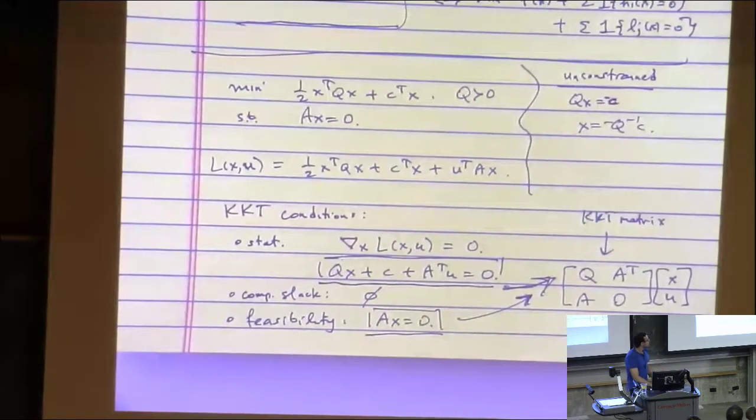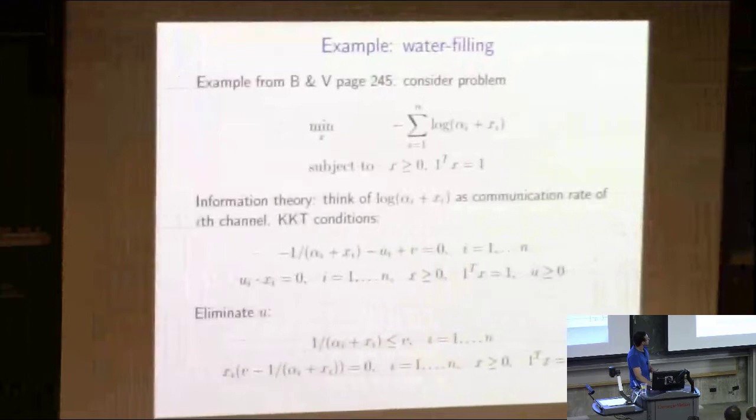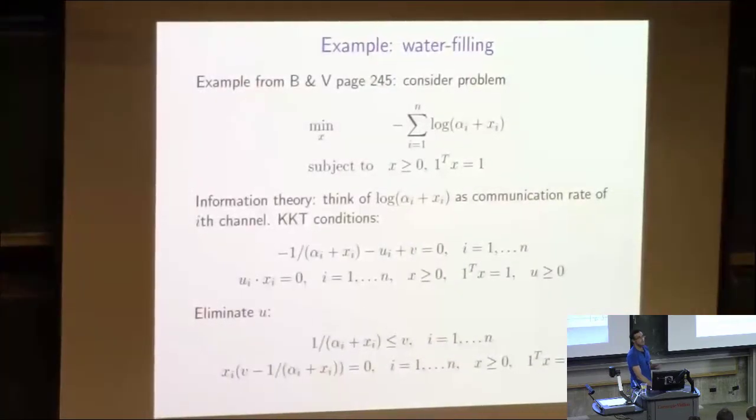Okay, this example, I'll just go through this example so that we can practice the KKT conditions, but we're just going to quit after the KKT conditions. I don't want to go through the rest of the example. It's somewhat interesting, but I think it's a more specialized problem, and it's an example where you can actually solve for the solution from the KKT conditions in a somewhat non-trivial original problem.